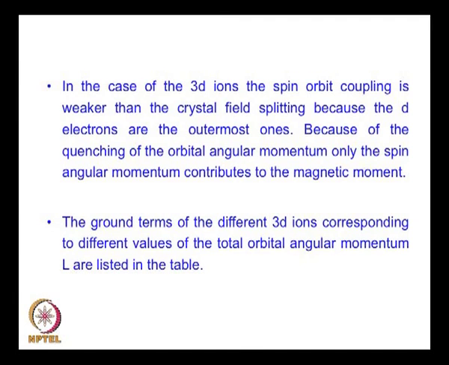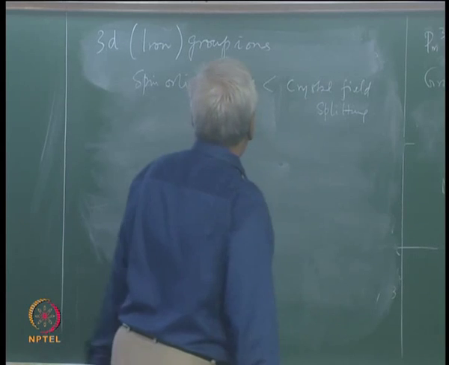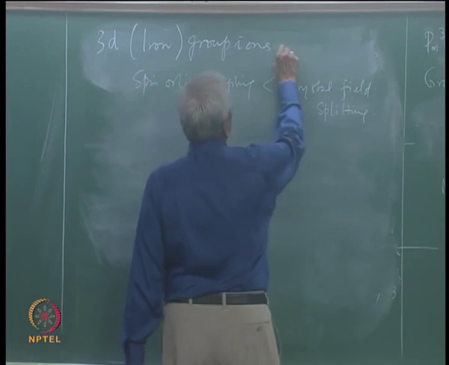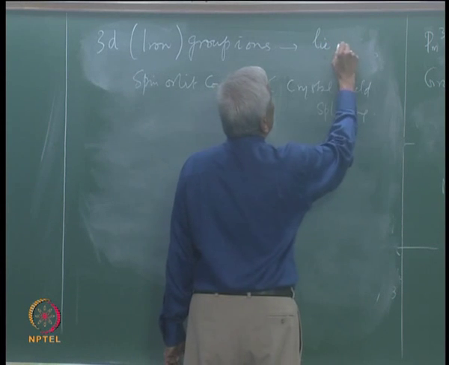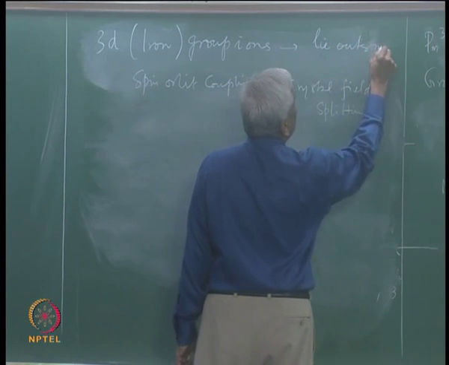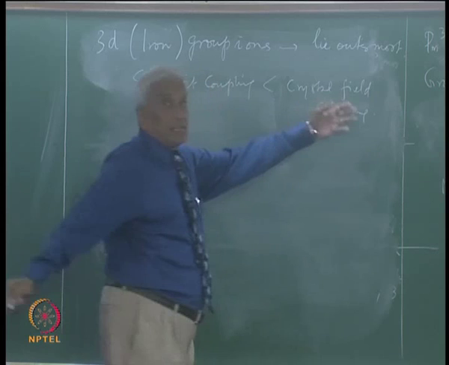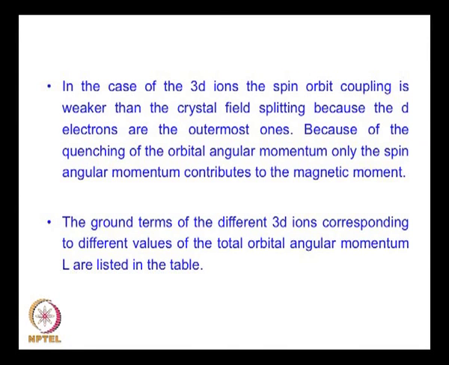than crystal field splitting, because there is a crystalline electric field and the 3d ions lie outermost, there are no outer electrons shielding them. So, they lie outermost and therefore, they experience the effect of the crystal field, and the crystal field splitting is much stronger than the spin orbit coupling.